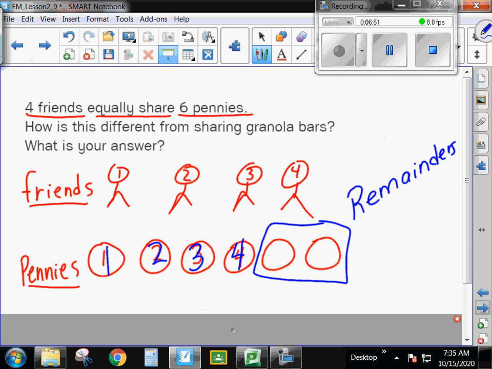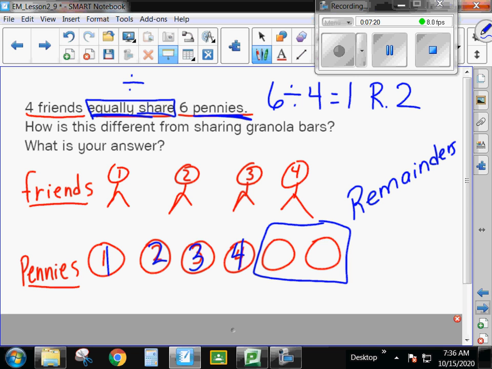Now in this problem, I know it's division because when I see the words equally share, I know that's a division. You always start with the number that you're dividing up. What am I dividing up in this problem? I'm dividing up pennies. So I start with the 6 divided between my 4 friends. This time my answer is 1 with a remainder of 2.